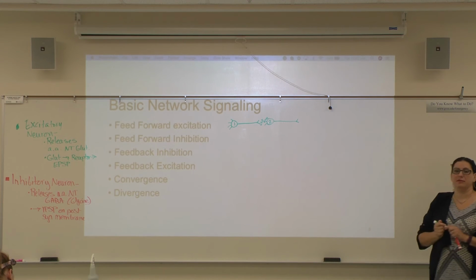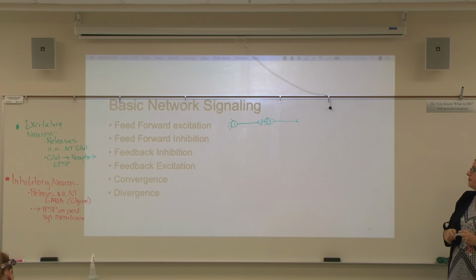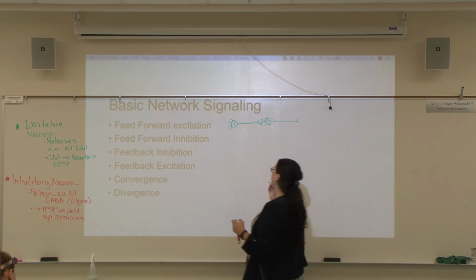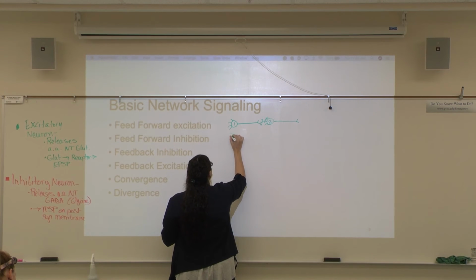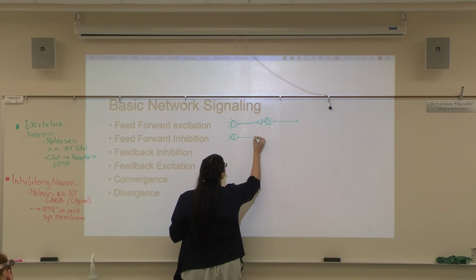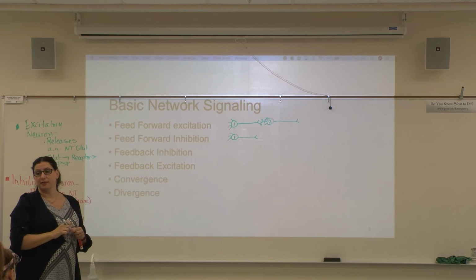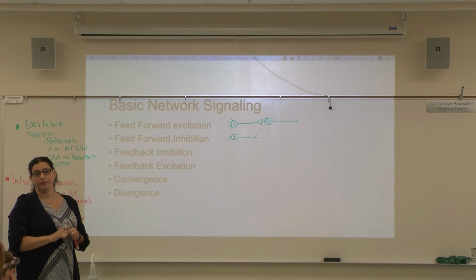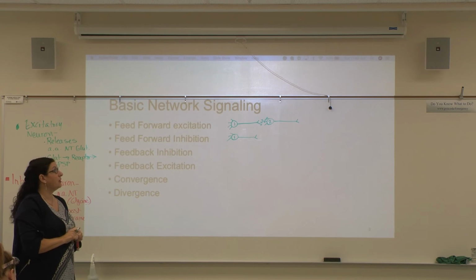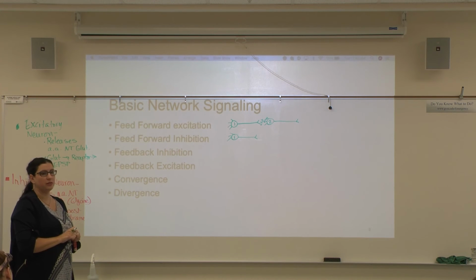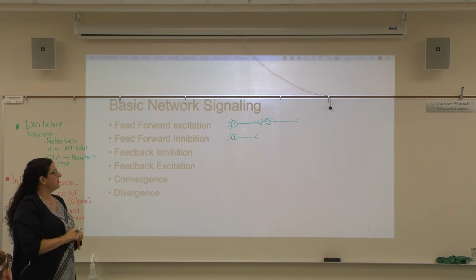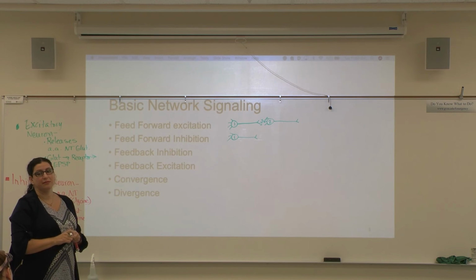Now, feed-forward inhibition. How do you suppose it's different from feed-forward excitation? Well, one of the neurons in there has to use GABA or glycine, right? So here we have cell 1. If cell 1 fires an action potential, what neurotransmitter will it release? It's still green.